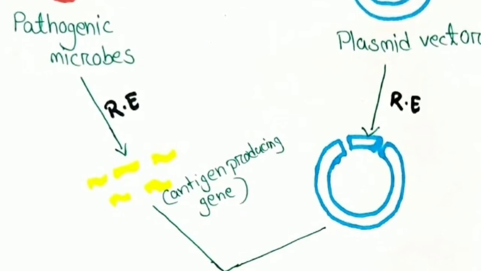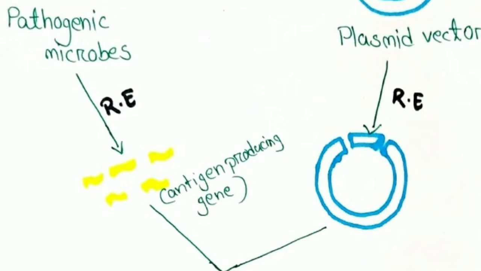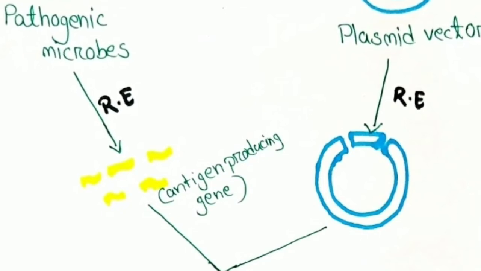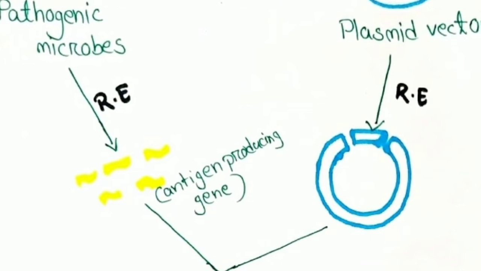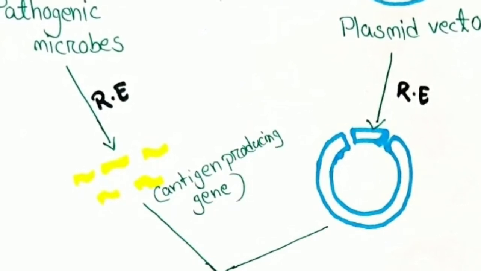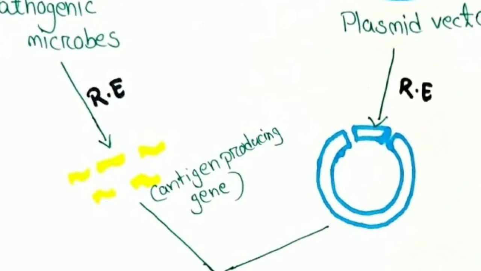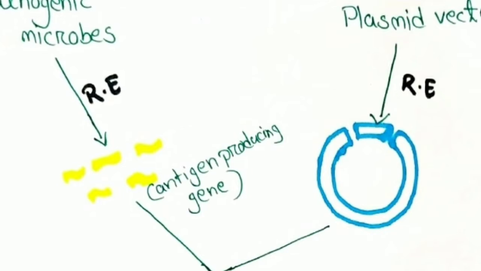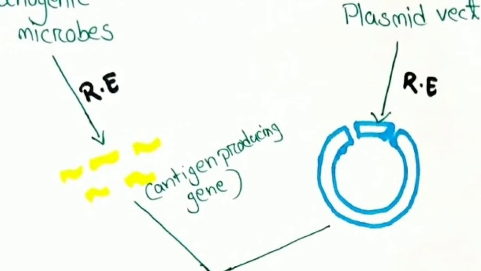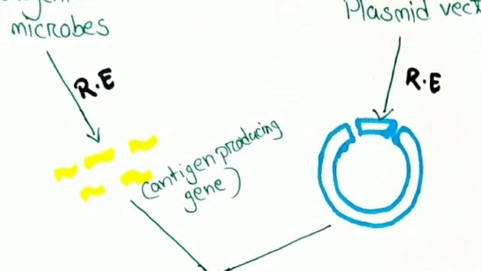It acts as a molecular scissor, which helps to cut the DNA or RNA molecules, and the same restriction enzyme also cuts the plasmid vector. Now the plasmid vector and DNA or RNA molecules are fragmented.